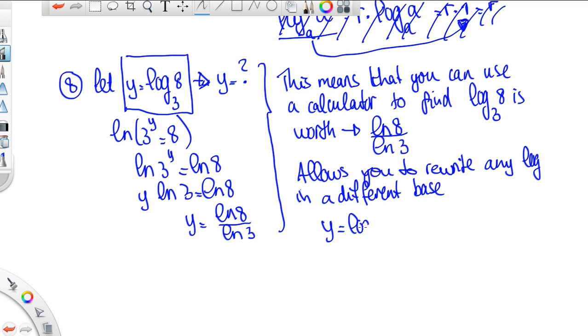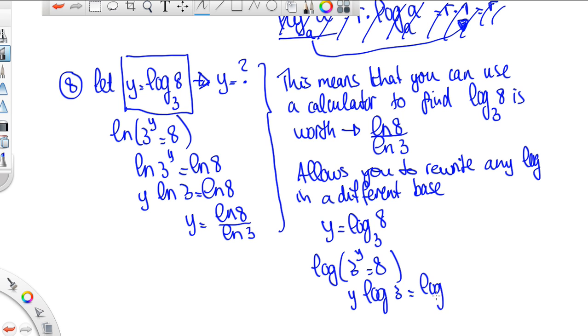So would this have worked if I had asked you to solve this? Would this work also if you use the common log? So 3 to the exponent of y is equal to 8. Take the common log on both sides, so I get y times the log of 3 equals the log of 8.